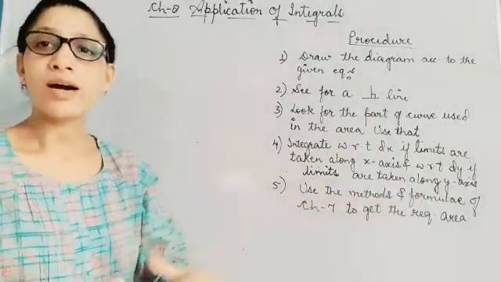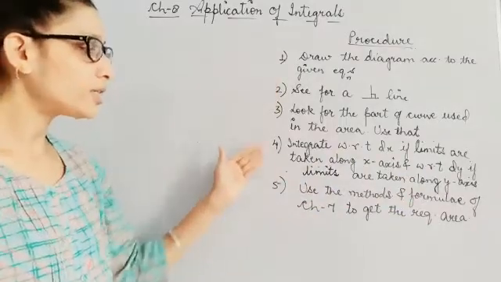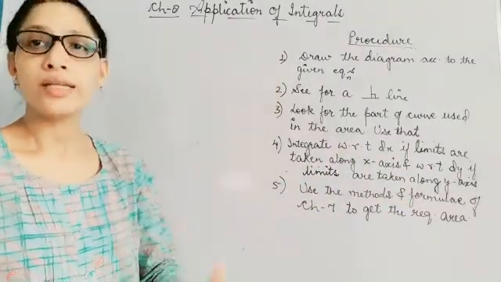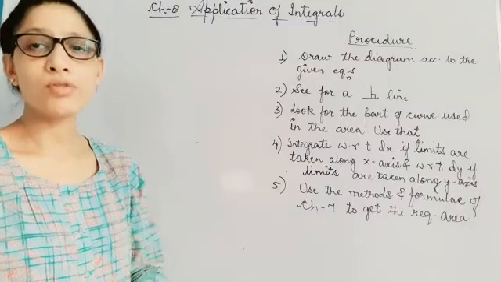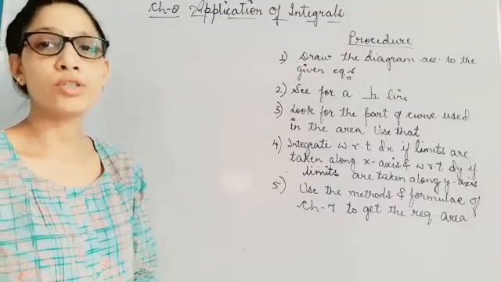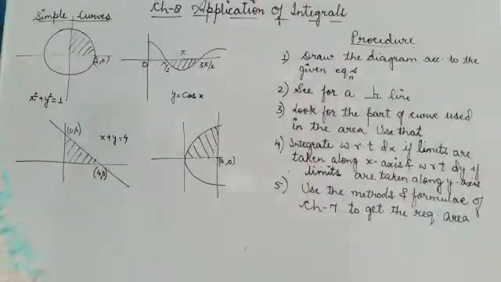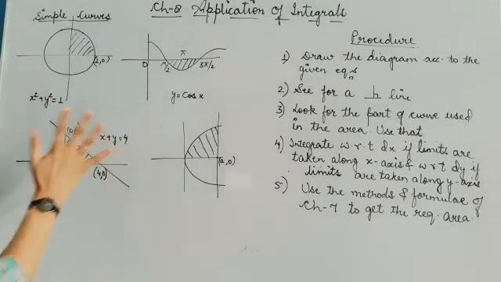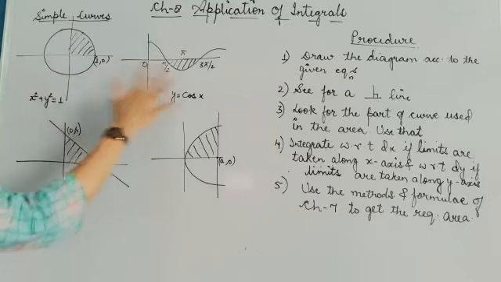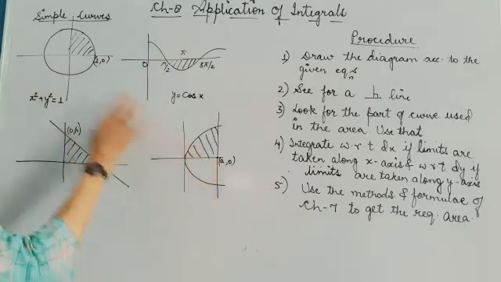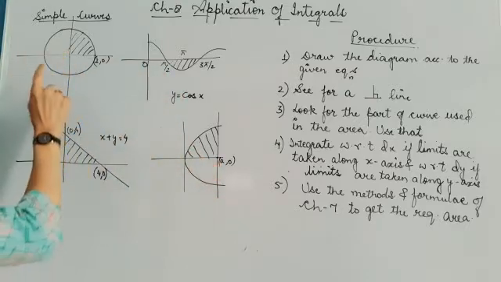Now let's see how we can apply these simple 5 steps in the given simple curves first, and then we will take the combination of 2 or more than 2 curves. Children, let's see how we can find the area of these simple curves by using integration.